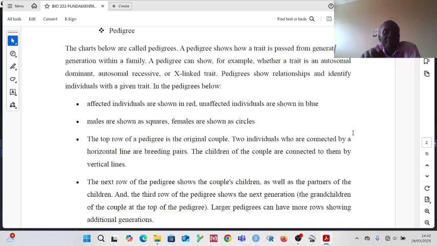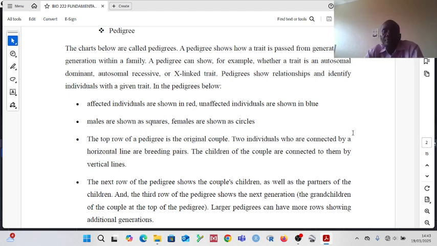But for there to be a family, at least there are father and mother and children. So if you want to go deeper, uende mpaka kwa babu ama uende kwa great grandparent, that's now your decision. But a pedigree is just showing us how traits are passed from one generation to another within a family.